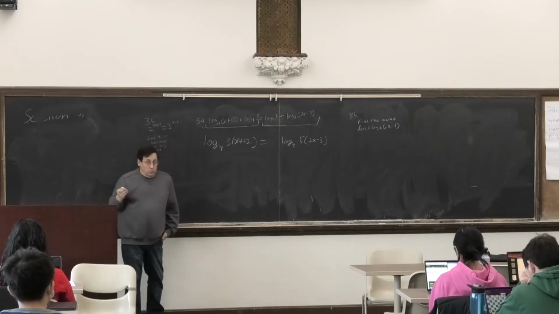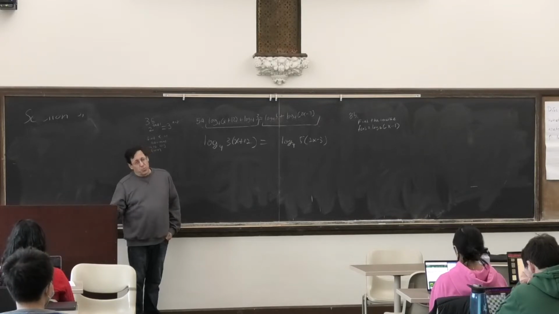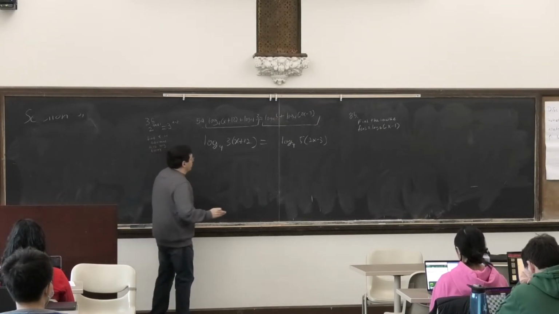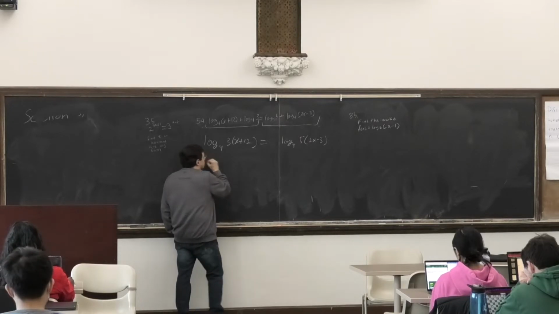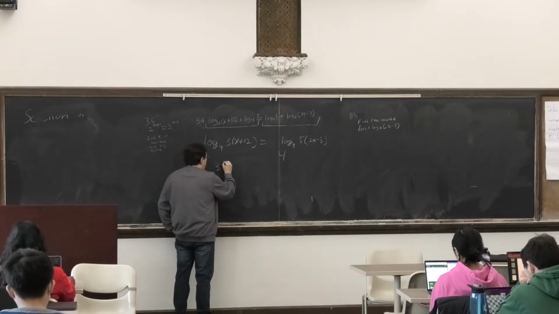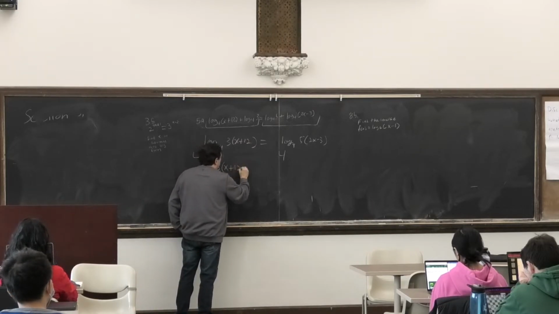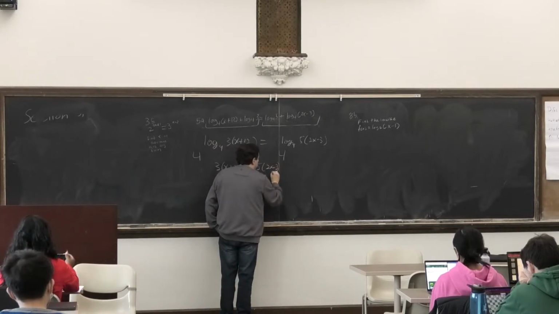And now, using the fact that the log function is 1 to 1, well, that's one argument. The other would be to raise each of these to 4. And we just end up with a nice little algebra problem. 3x plus 12 equals 5 times 2x minus 3.